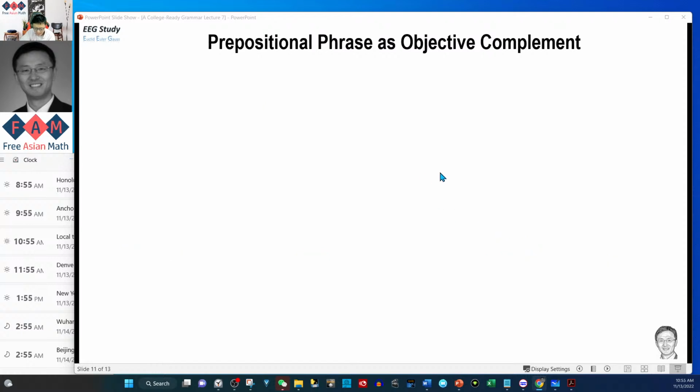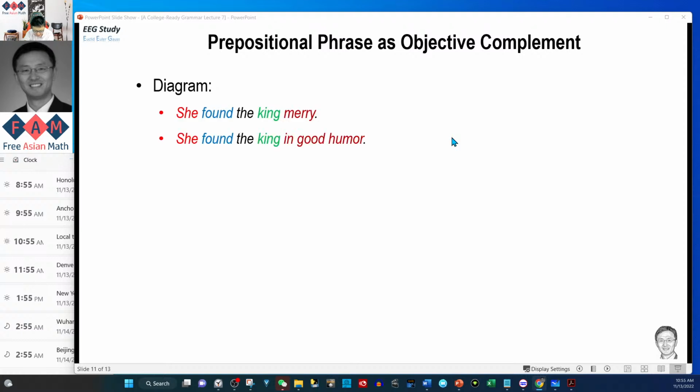Now, we have one important thing we may not be able to finish. We only have 5 minutes left. So, yeah, let's discuss this first. We say that a prepositional phrase can be used as an adjective, right?